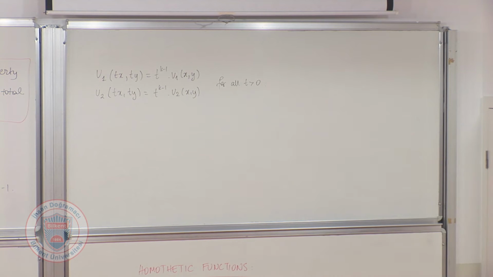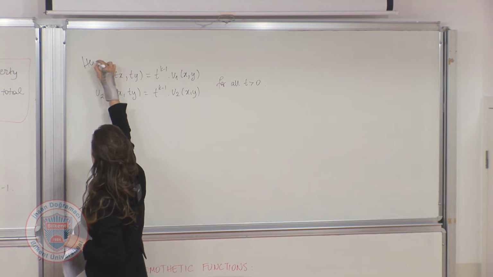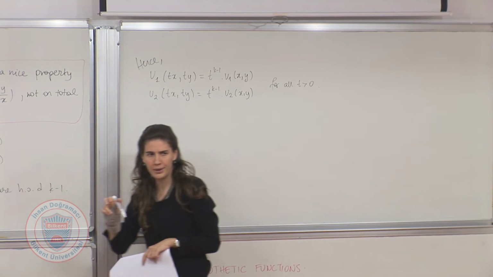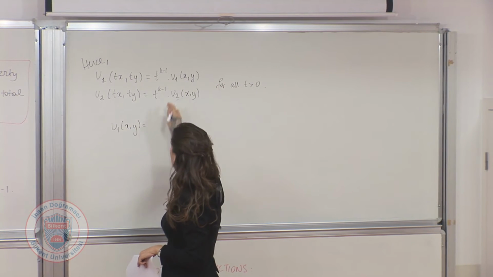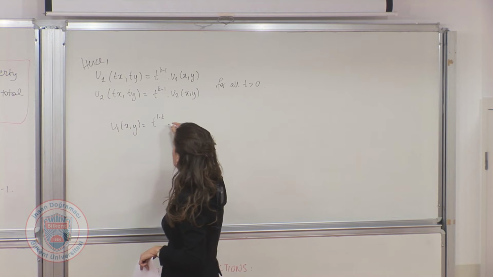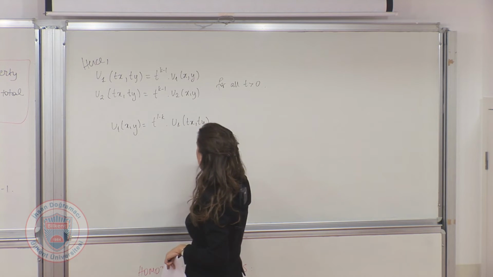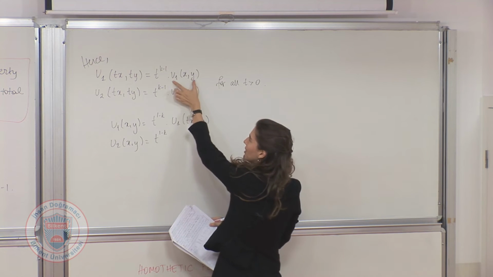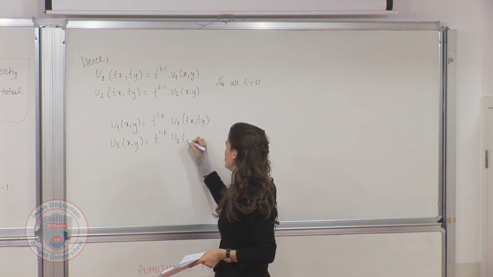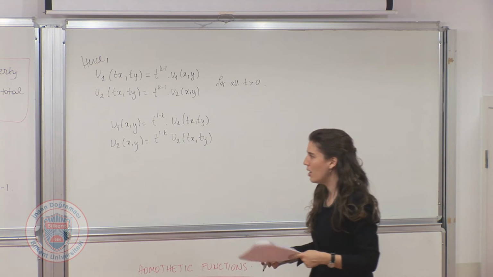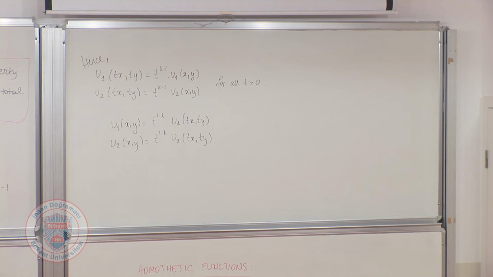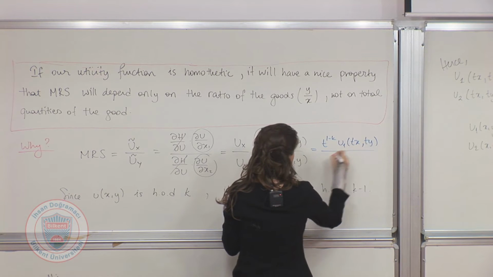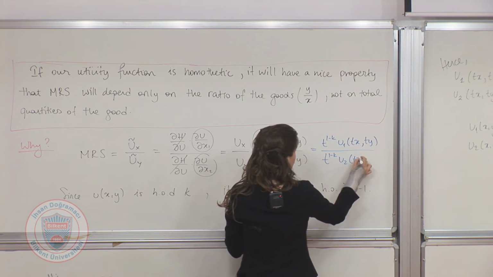Hence, here I have u1 over u2 at (x,y), so I'm just trying to get u2 and u1 by themselves: t to the power 1 minus k u1(tx,ty) over t to the power 1 minus k u2(tx,ty).